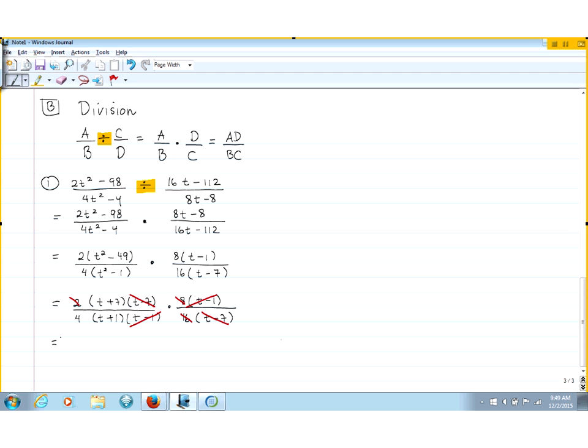So what's the end result? P plus 7 divided by 4 times 16. And then do we multiply up? No, we leave it in factor form also. Yeah. Okay. Easy? Okay. So now number 2.